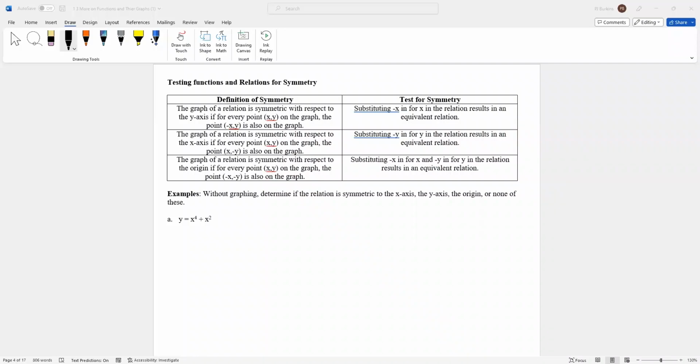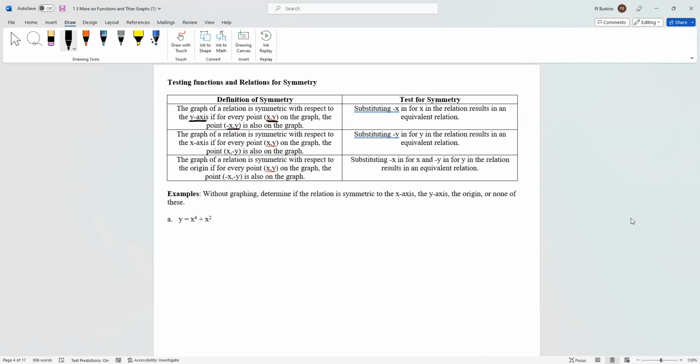Right, so this section is going to talk about relations necessarily, not functions per se. Remember, the difference is that a function has to pass the vertical line test. So here it says if we want to look for symmetry of the relation to be symmetric about the y-axis, every negative x, y on the graph should correspond to a negative x, y on the graph.